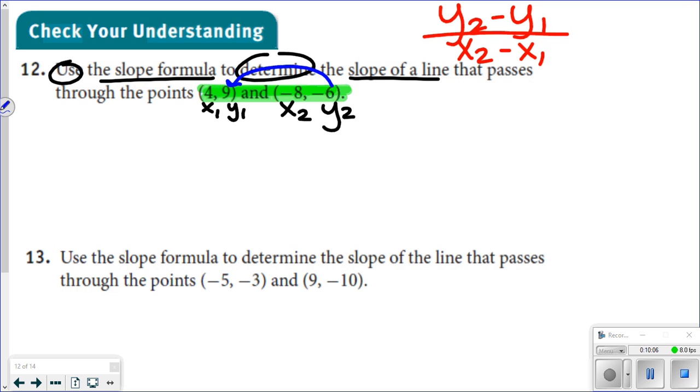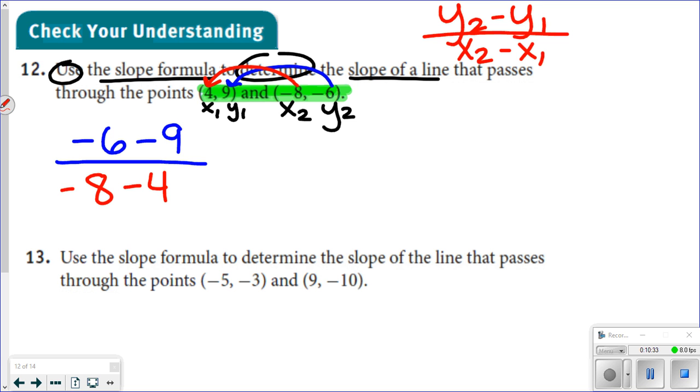So my slope here is y2, which is negative 6, minus y1, which is 9, divided by my x's now. So x2 minus x1: negative 8 minus 4.